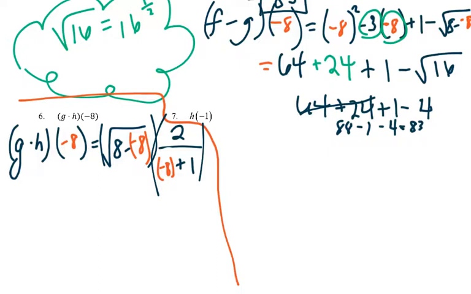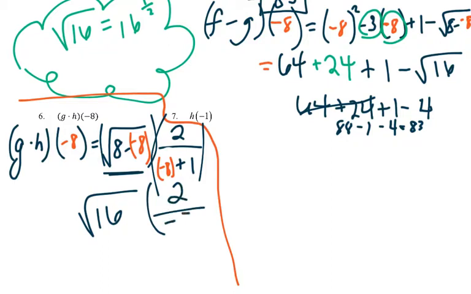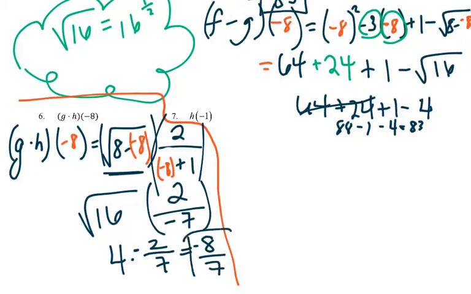So we have here square root of 8 minus negative 8. That's going to be the square root of 16, like we saw in the previous problem, times 2 over negative 8 plus 1, which is negative 7. So essentially we end up getting 4 times negative 2 sevenths, which equals negative 8 sevenths.